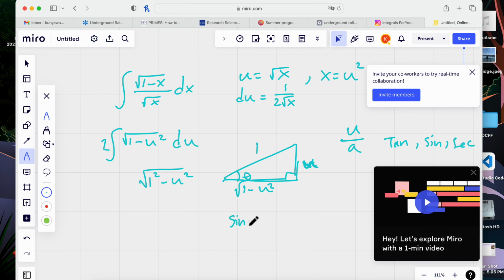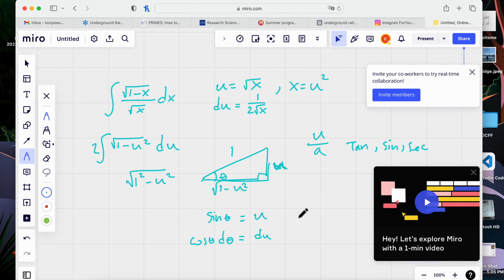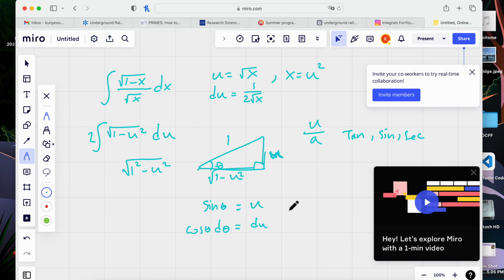Therefore, sine theta equals u over 1, or u, and du will be cosine theta d theta. So you see, we're using substitution again. At first we used u substitution, and now we're using Trig-Sub.